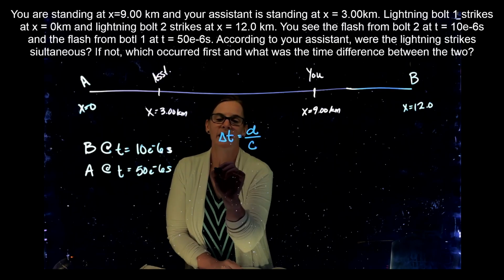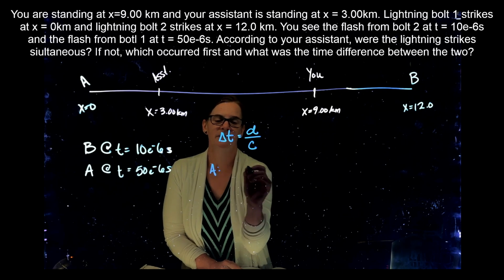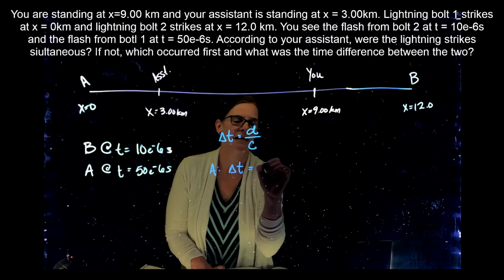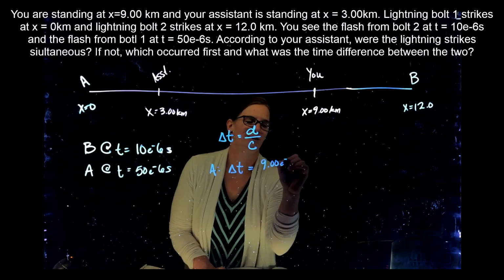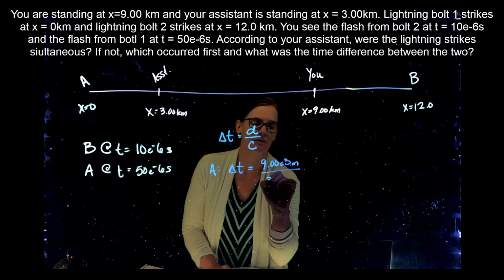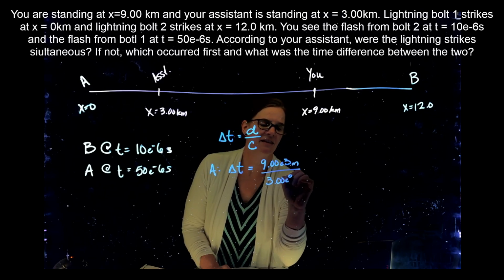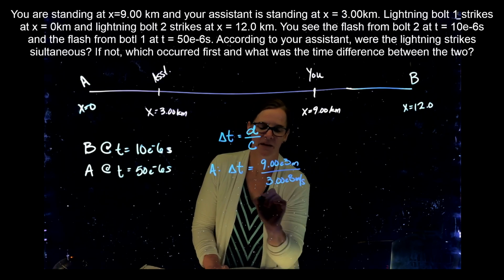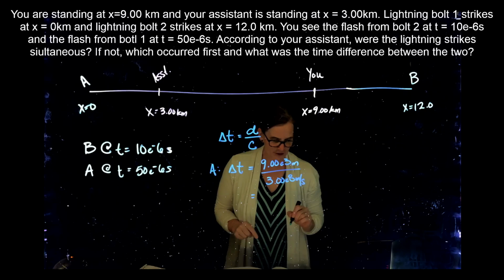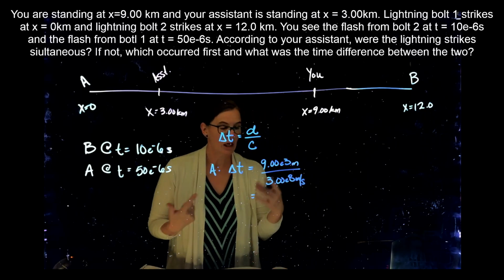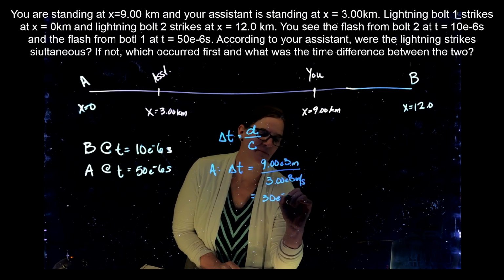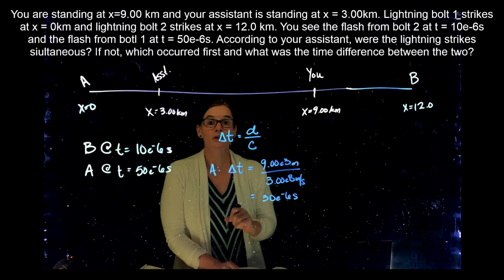For lightning bolt A, your change in time is equal to the distance, which is 9 times 10 to the 3rd meters, divided by the speed that light travels, which is 3 times 10 to the 8th meters per second. So how long it takes for lightning bolt A to reach you is 30 times 10 to the minus 6 seconds, 30 microseconds.